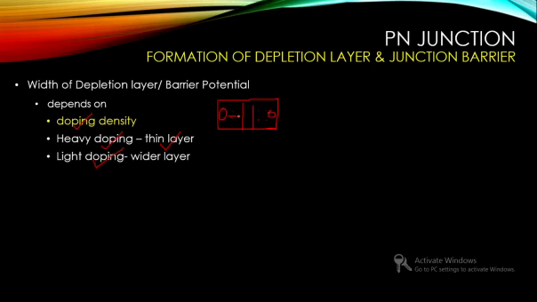So what will be the depletion region? That is the region where there is no possibility of finding free charge carriers. So that depletion layer will be more. That is mentioned here: if it is very light doping, the depletion layer will be large.